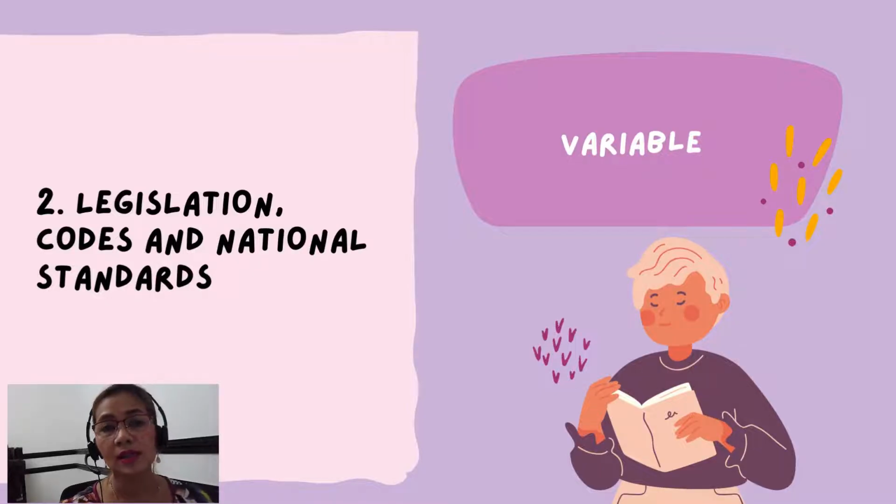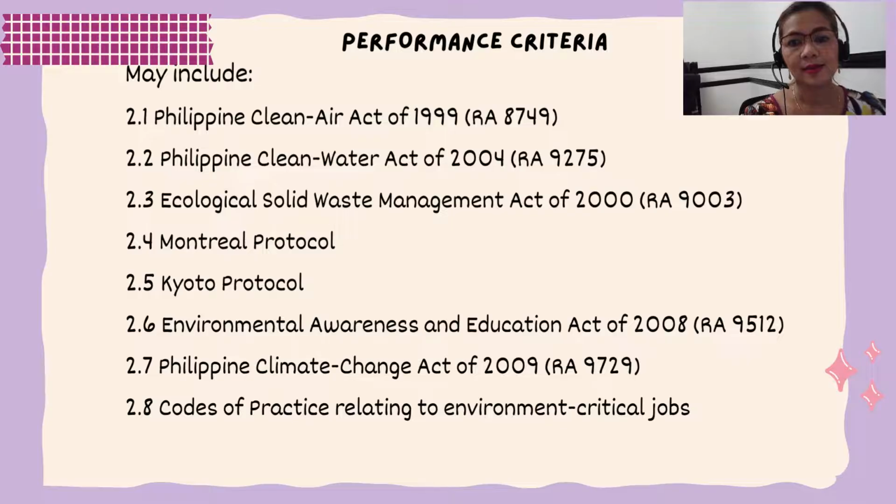Next variable is about legislations, codes, and national standards. Everyone in the workplace should know what the different legislations and national standards are that should be observed.